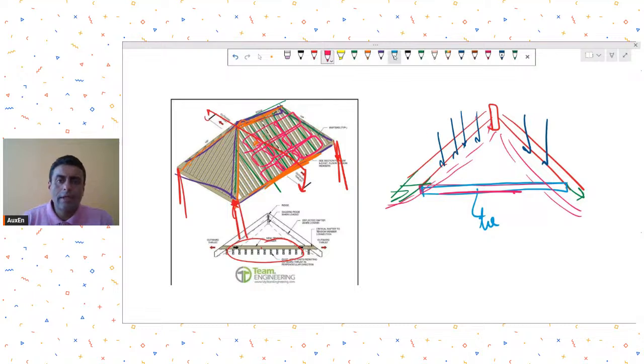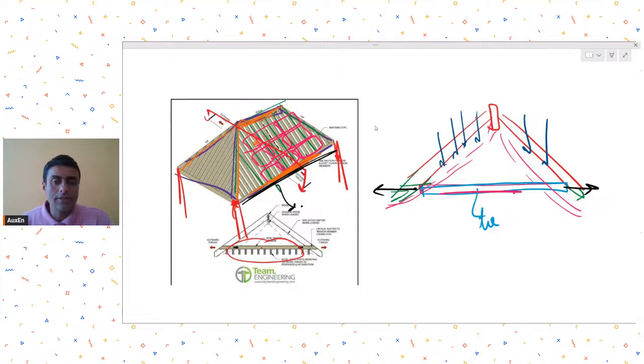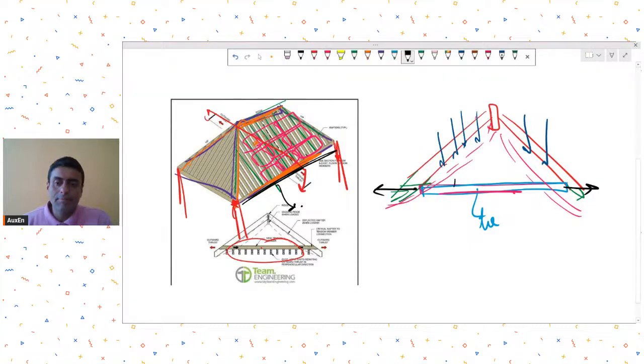Otherwise, if you don't provide that, then the thrust that is generated at the corners will have to be taken by the element that is provided over here. So to avoid that thrust developing, you need to have some tie element, or if this angle theta is quite steep, that means it's closer to 90 degrees, you will understand how much the thrust will be.